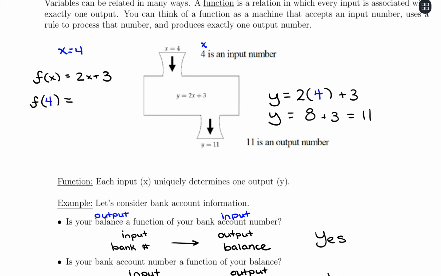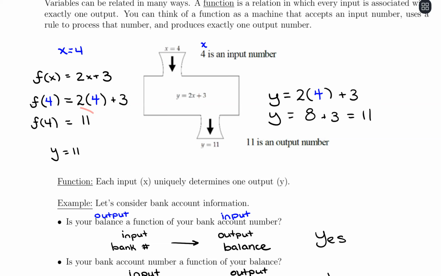And in terms of simplifying, where I have my 2x plus 3, I'm going to go 2, and where I have x, I'm just going to replace it with parentheses, and then plus 3. And then where I had those empty parentheses where x was, that's where we're plugging in 4. So when we simplify this, we get f of 4 equals 11, which is the equivalent of saying y equals 11.